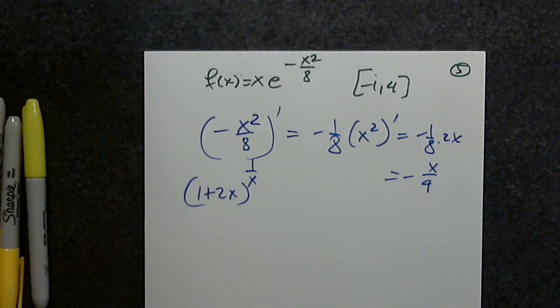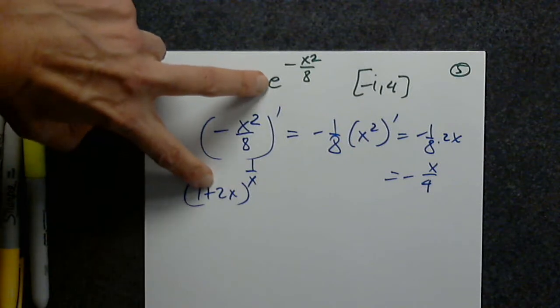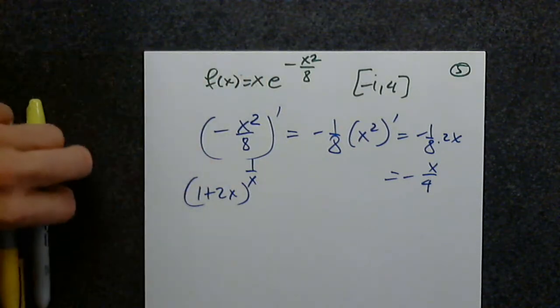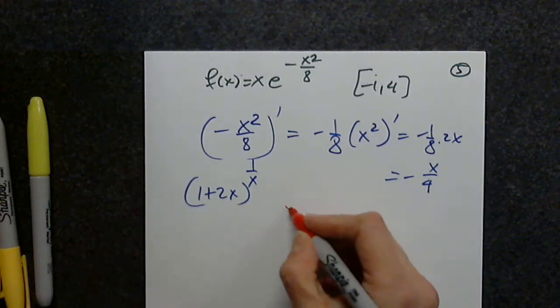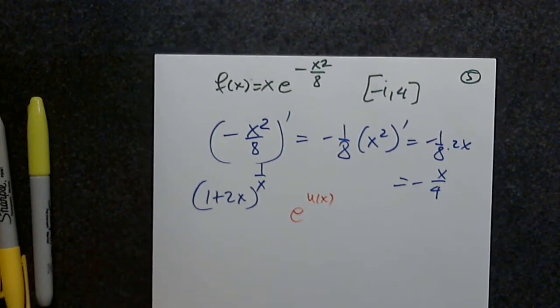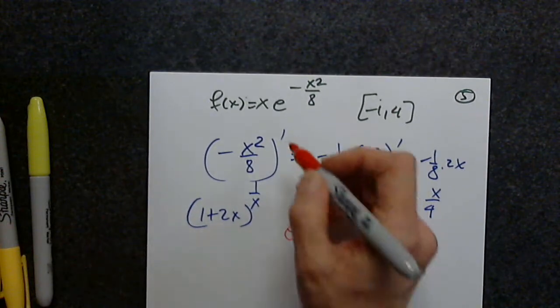Is that better? Do you understand the difference between these two? We do have that function e to u of x, which is not something like this.